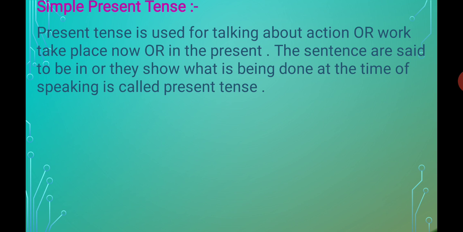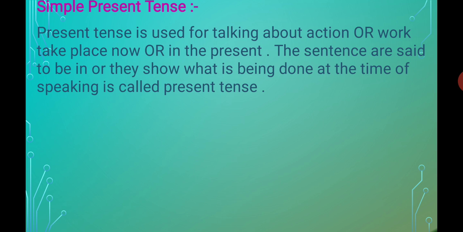The sentences that show what is being done at the time of speaking are called present tense. It means that if the action takes place now, or at the time of speaking, we can say that it is the simple present tense.